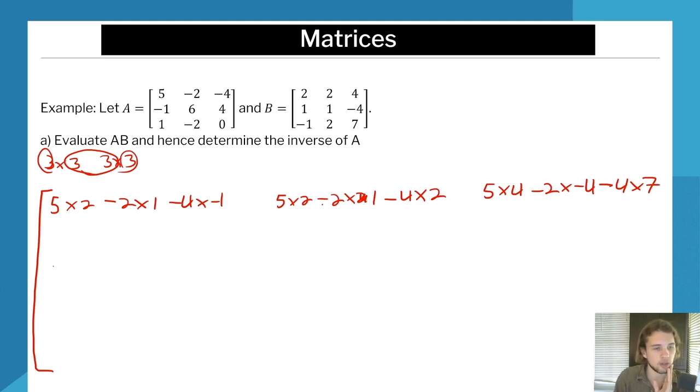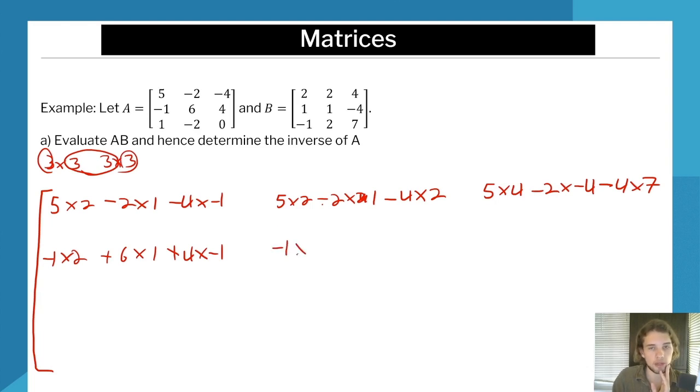And we can continue to go down. Row 2, column 1. So that's minus 1 times 2 plus 6 times 1 plus 4 times minus 1. Row 2, column 2.